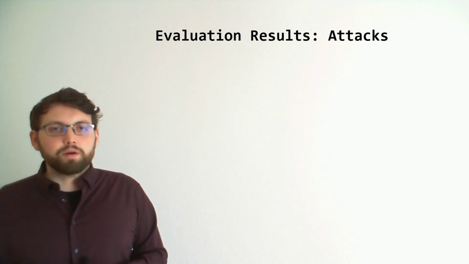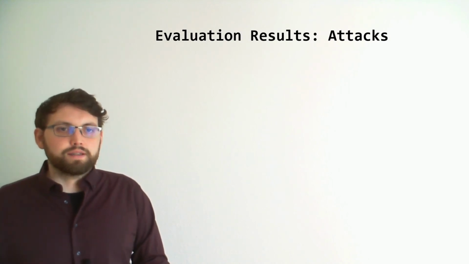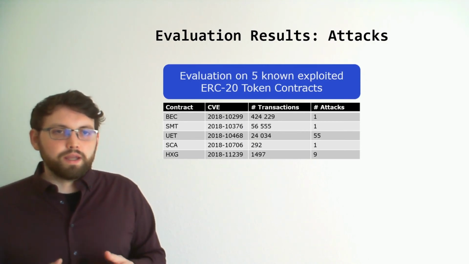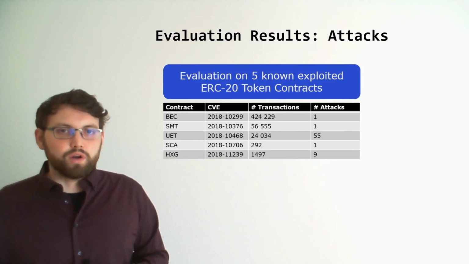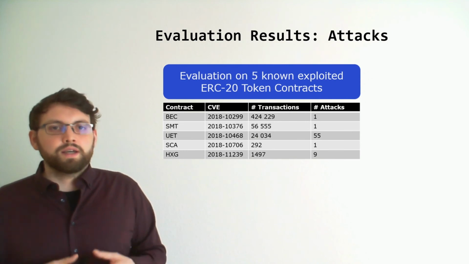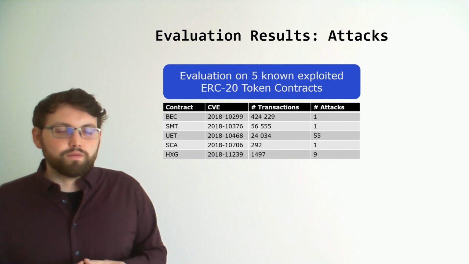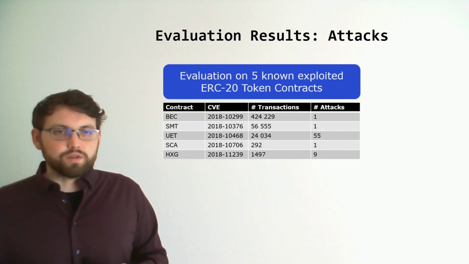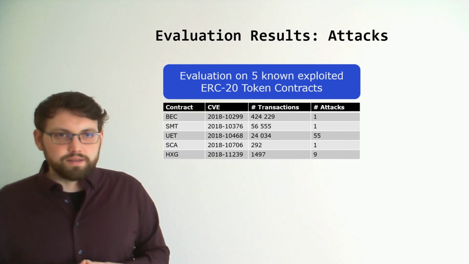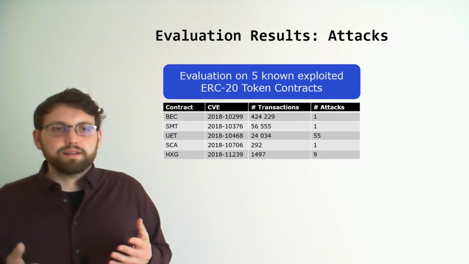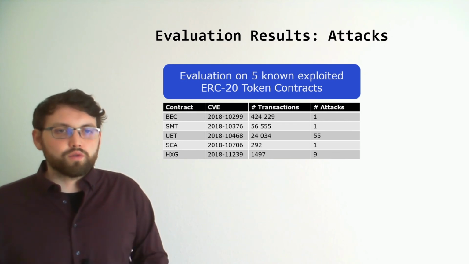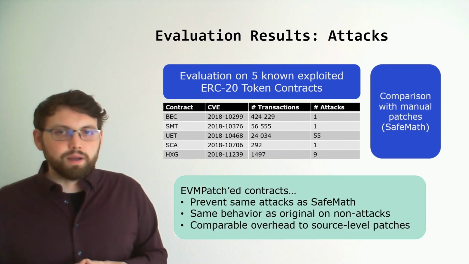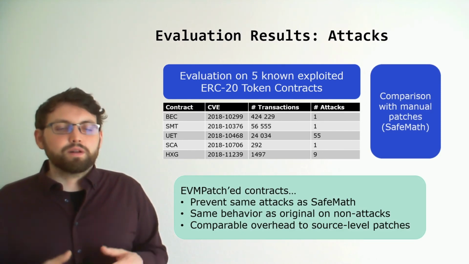Now, we performed an evaluation of the attack detection capabilities of EVMPatch. We evaluated on 5 known to be exploited ERC20 token contracts. So all those contracts are vulnerable to integer overflow issues. And we had source code. We know they were attacked. So basically this gives us kind of a ground truth data set here. So what we did to evaluate EVMPatch was we compared it with a manual patching approach.